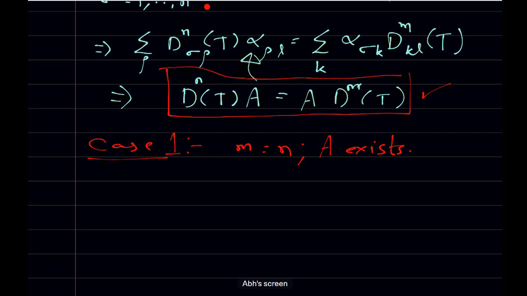That means both the D's are equivalent to each other through a similarity transformation.